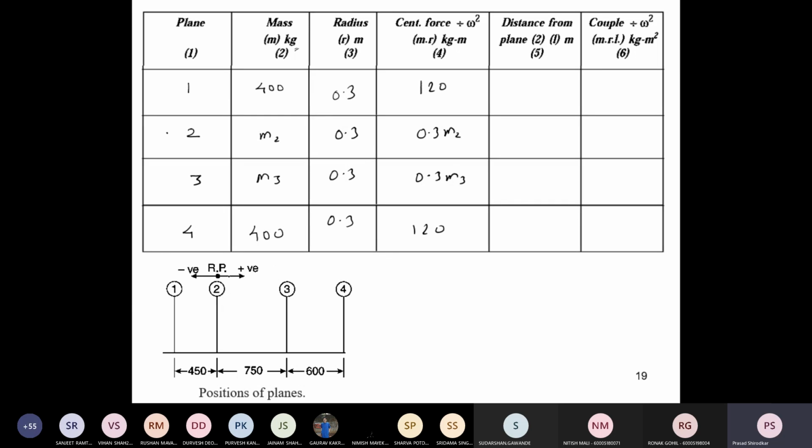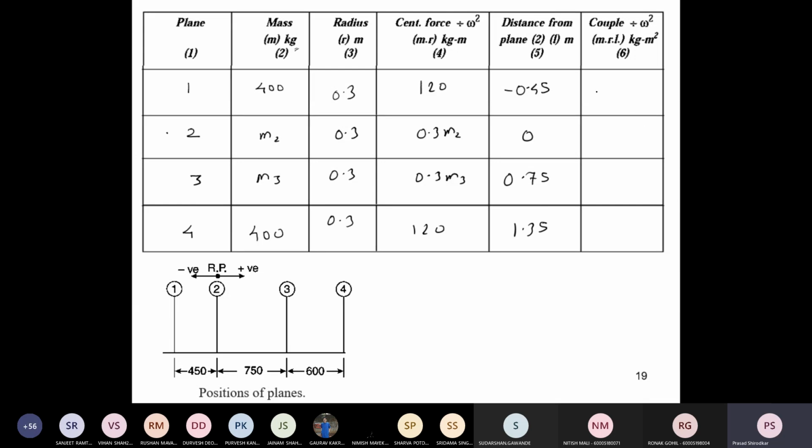Now I am going to take 2 as the reference plane. Whatever is on the left hand side is negative, right hand side is positive. So distances from the reference plane are minus 0.45, 0, 0.75 and 1.35.